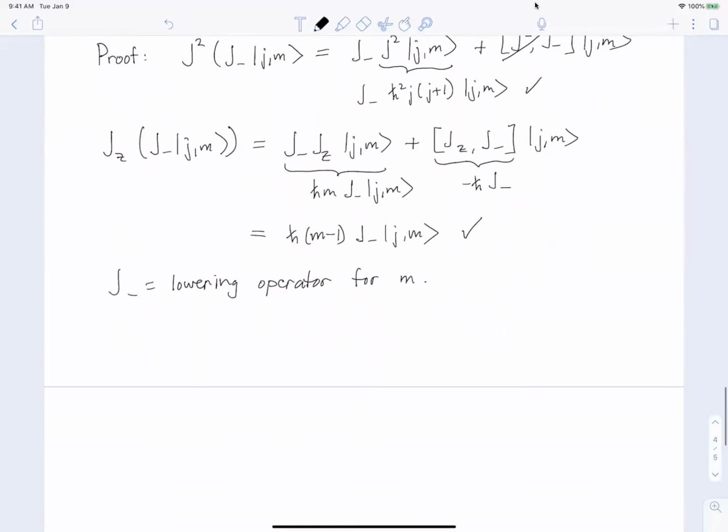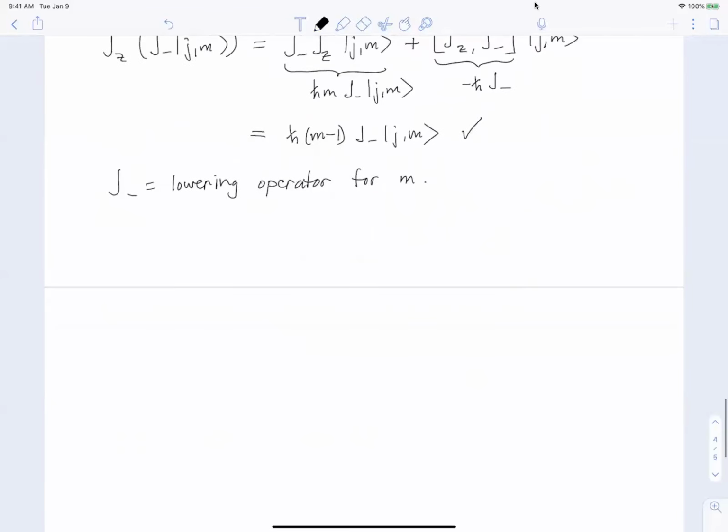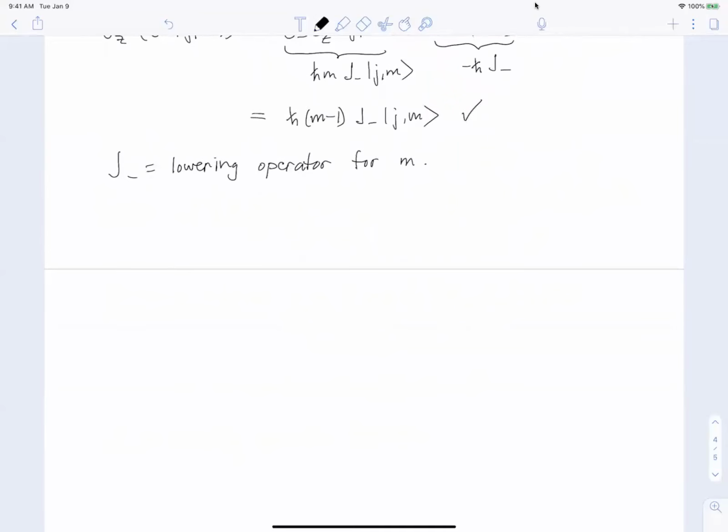All right, fact 6 is going to be just a corresponding statement with pluses and minuses reversed. So fact 6 says if m is less than j, we already know that if m equals j, then j plus acting on it is 0. But if m is less than j, then j plus acting on jm has j squared eigenvalue unchanged.